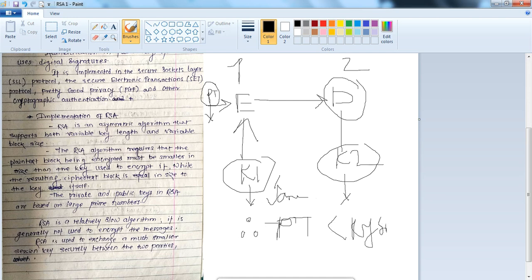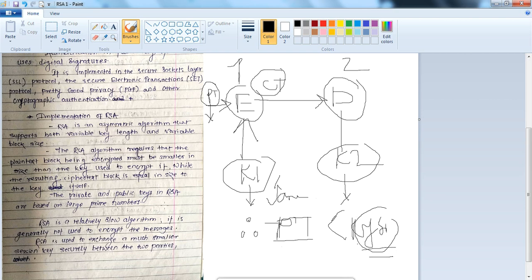That is the one condition which represents good security. The resulting cipher block is the output of this, where the input plaintext size is less than the key size. The ciphertext size is again the same as the key size. Plaintext is less than the key size, and the ciphertext size is the same as the key size. This is the logic behind the RSA algorithm as input and output.